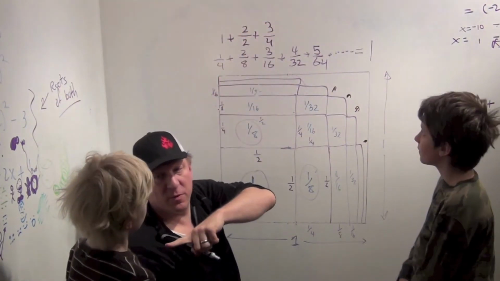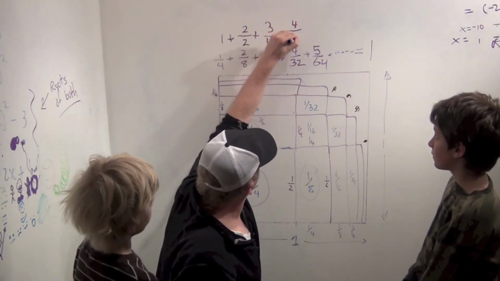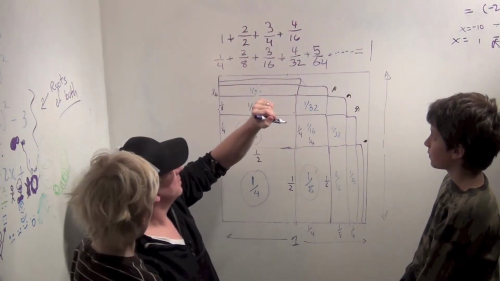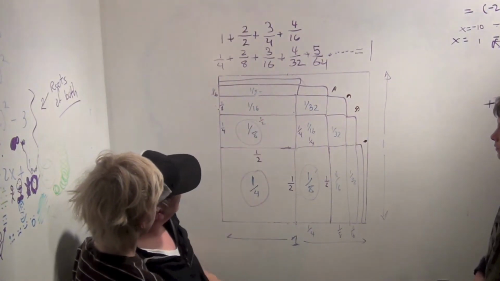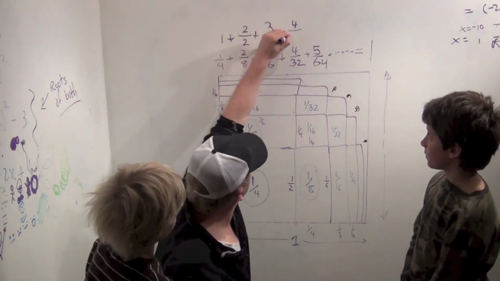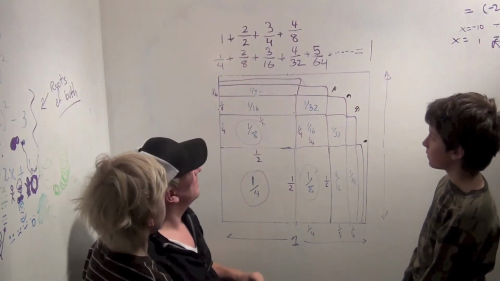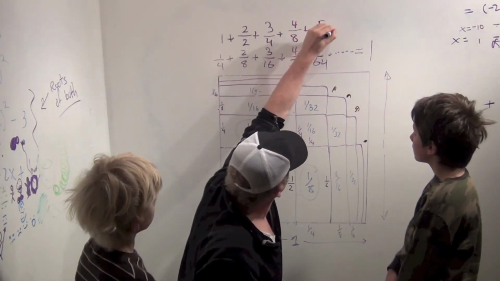Now you do this one. What's 4/32 times 4? 16/32. It's a half. Wait, but you have to multiply the bottom too. Yeah, sorry, you're right. It is a half. I wrote the wrong thing. So it becomes 4/8, plus 5/16 plus etc.